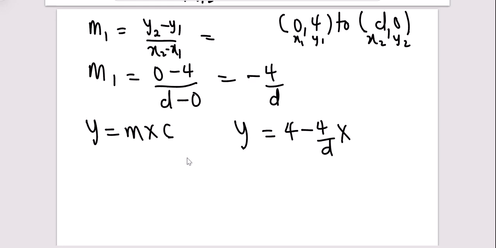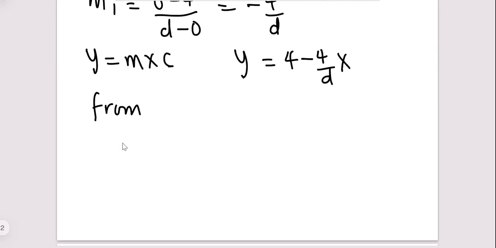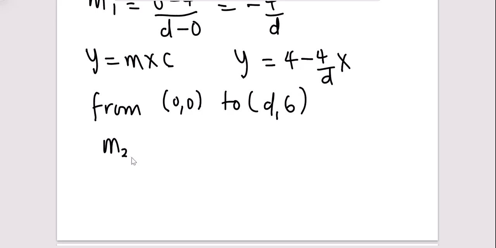Also, for the second part, considering the second slope, which is going to be this one, we are going from 0, 0 to d, 6. Now, our second slope, which is m2, is going to be 0 minus 6 divided by 0 minus d.